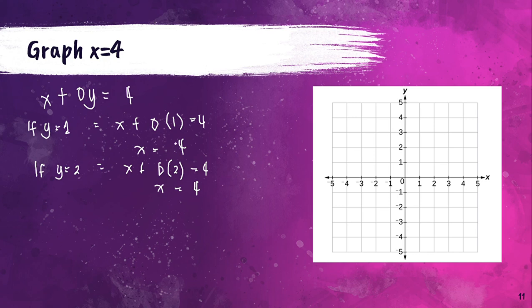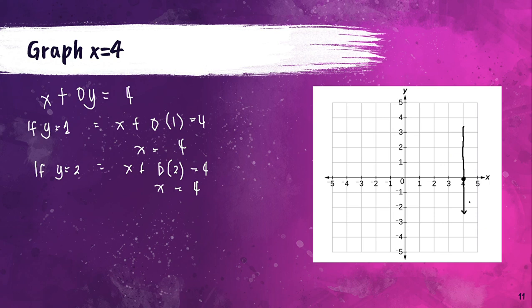So let's try. We have to graph x is equal to 4. So that would be over here. So if you graph it here, that will be a vertical line.